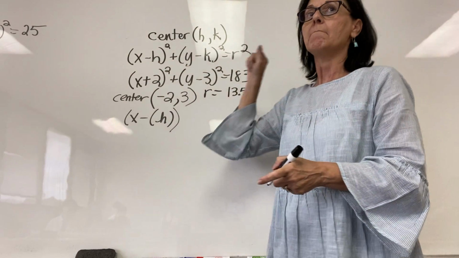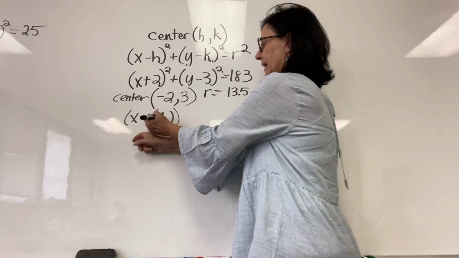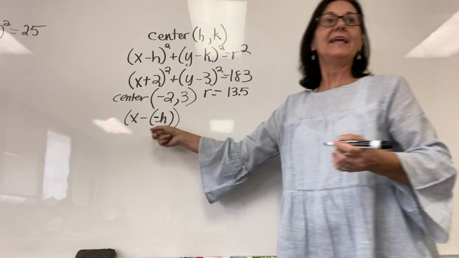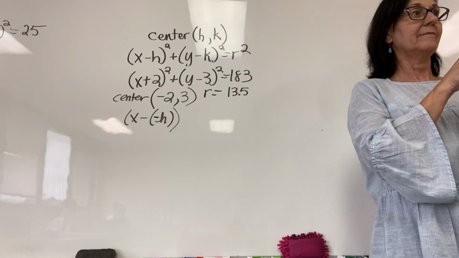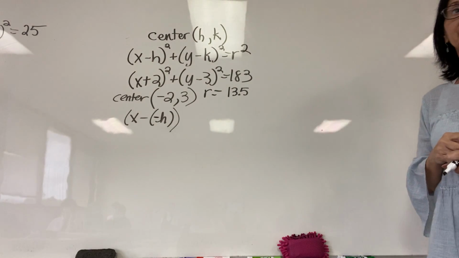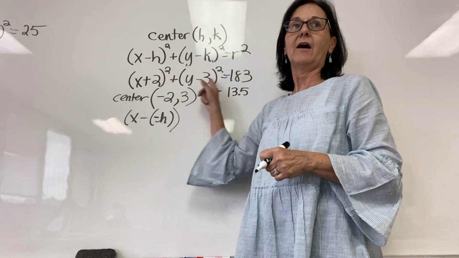And it's y minus the value of k. When it's plus, it's x minus, and H has to be negative to make that a positive. You following me? Okay, you could just memorize opposite, opposite.